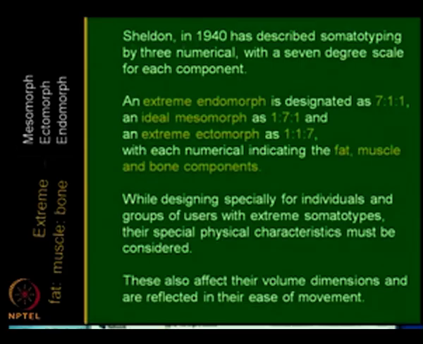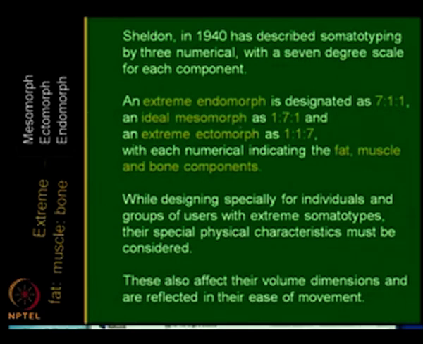Sheldon in 1940 described somatotyping by 3 numericals with a 7-degree scale for each component: fat, muscle and bone. An extreme endomorph, fatty, is designated as 711, meaning a rating of 7 for fat, 1 for muscle, 1 for bone.